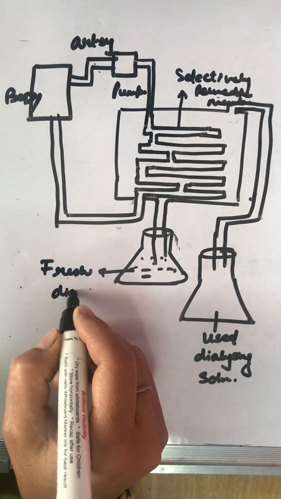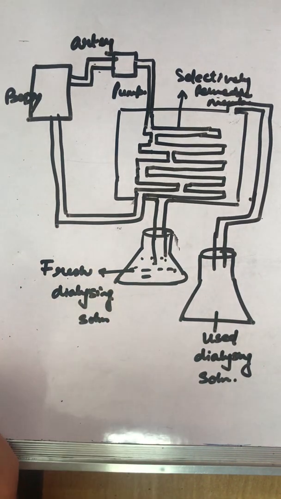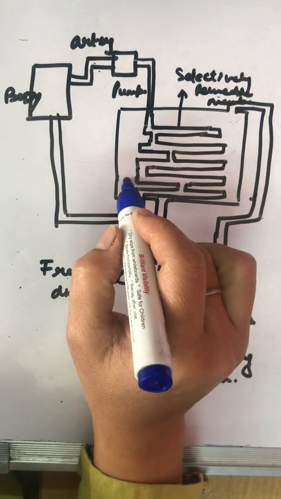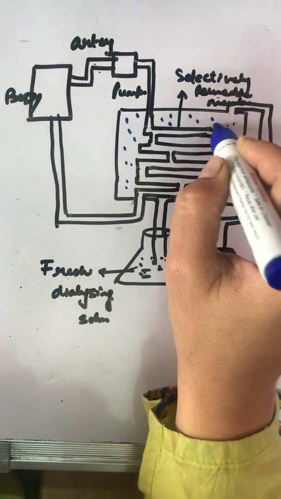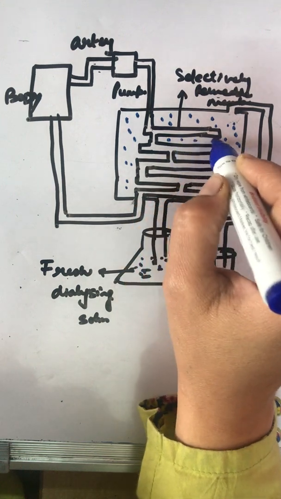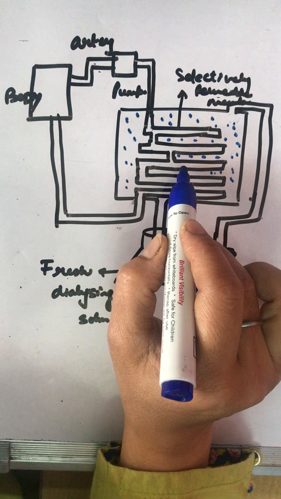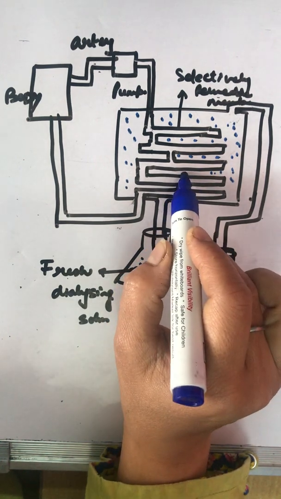This one is the fresh dialyzing solution, and let this dialyzing solution be all around in this area, in between the tubules as well, not in the tubules, rather in between the tubules.